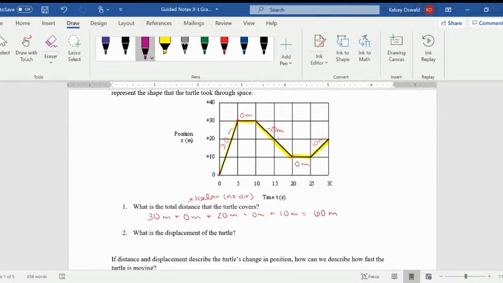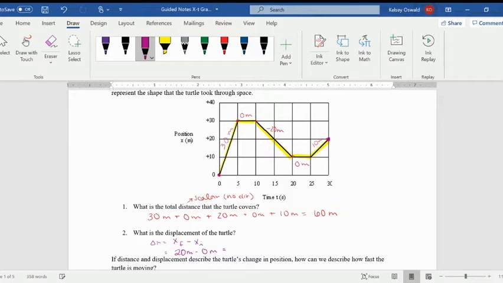For displacement, however, we're just going to compare our final position of the turtle and our initial position. So if we look at our turtle, he ended at a position of 20, and he started at the origin, or at a position of 0.